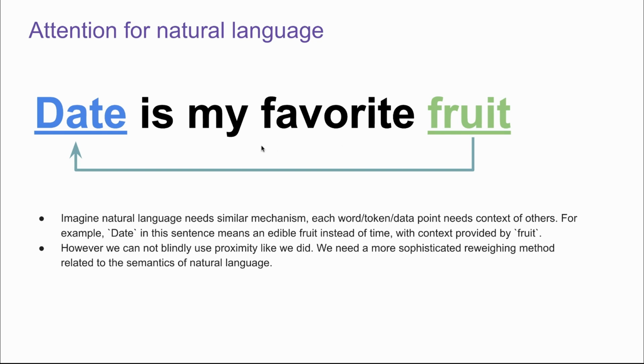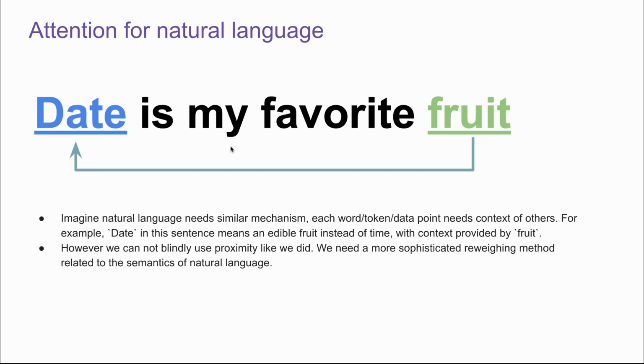But how do we humans know date means something to eat in this case? We read the sentence and see there's a fruit, and this fruit is referring to this date. So that's why date in this sentence is something to eat rather than the time.